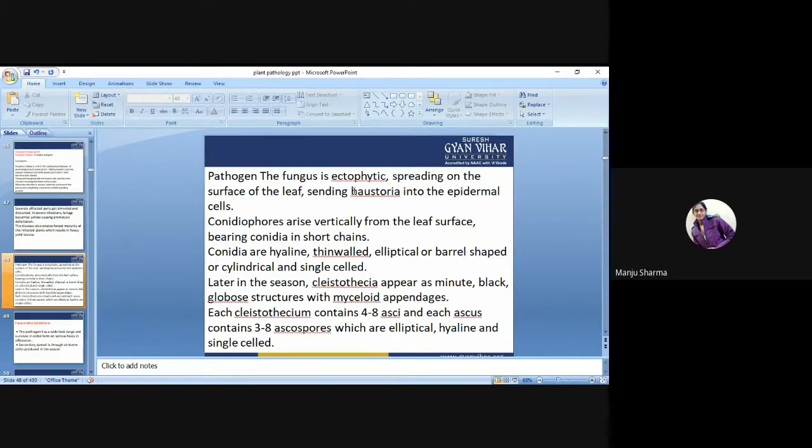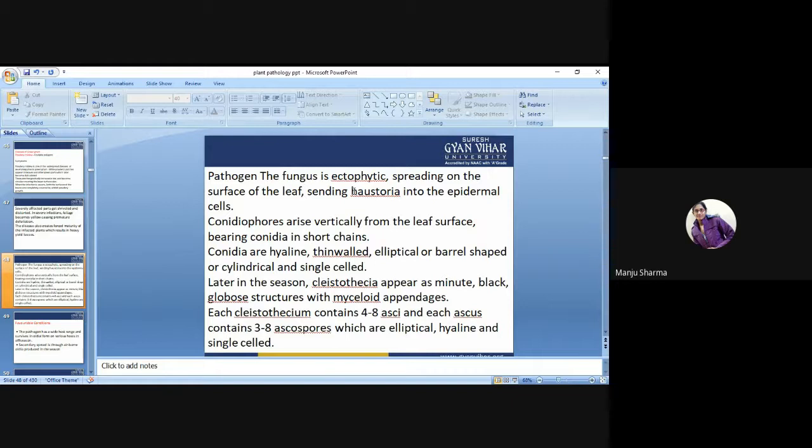The conidiophores arise vertically from the leaf surface, bearing conidia in short chains. The conidia are hyaline, thin walled, elliptical or barrel shaped or cylindrical, and single celled.